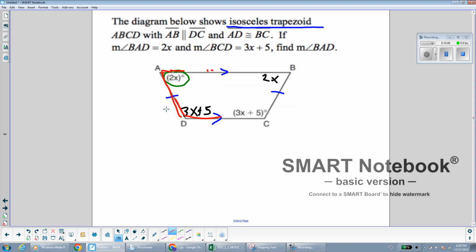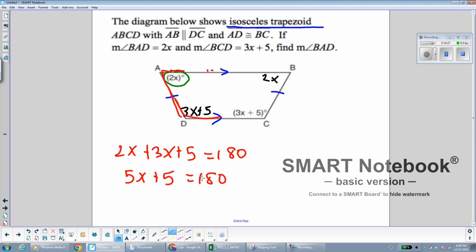So I know that the upper base angle and the lower base angle below it have to add to 180 degrees. So let me set up an equation that says that 2x plus 3x plus 5 is equal to 180 degrees. Combining my like terms, I have 5x plus 5 is 180. Subtracting 5 from both sides, 5x is equal to 175.